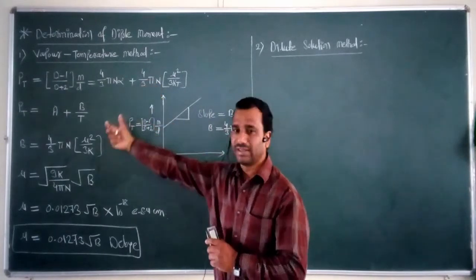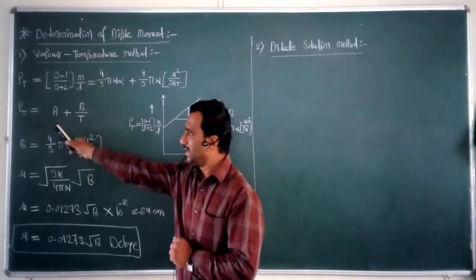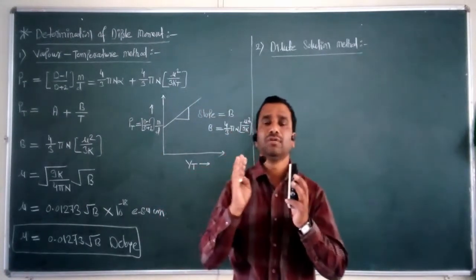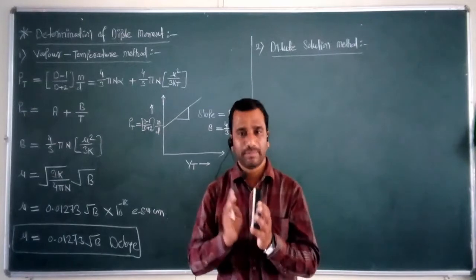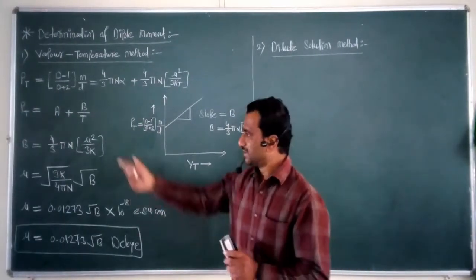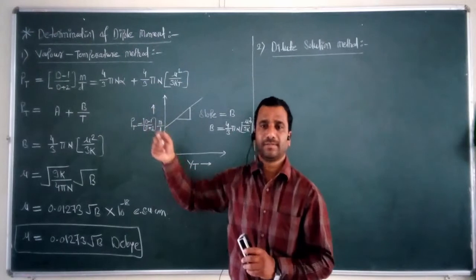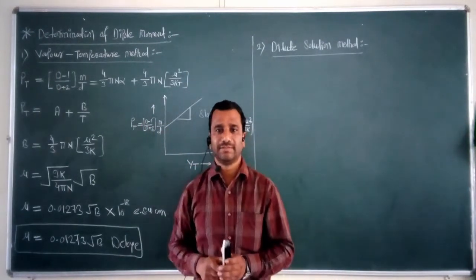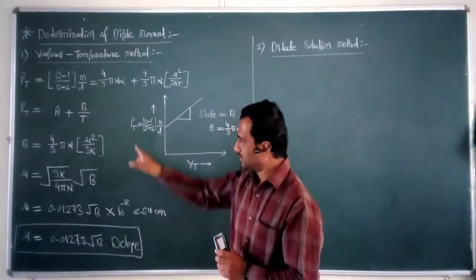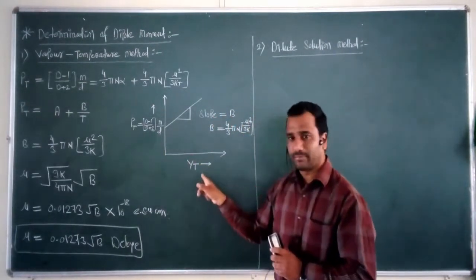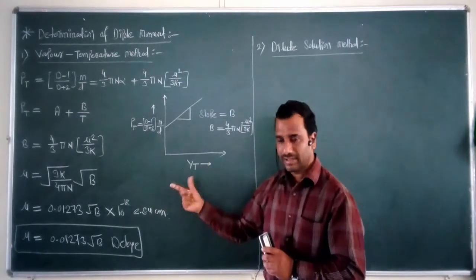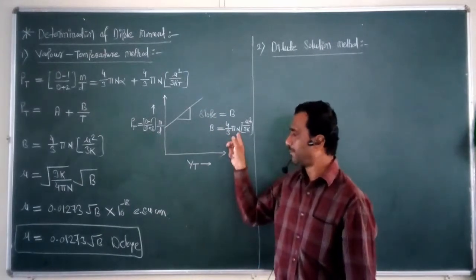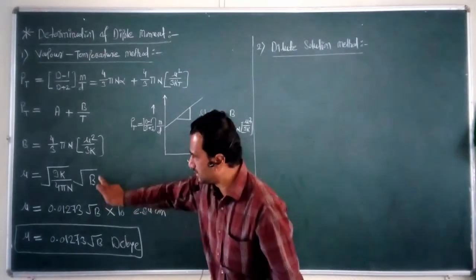This Debye equation can be written in simplified form as Pt is equal to A plus B divided by T. We study this liquid or vapor system at various temperatures, plot a graph of total molar polarization versus 1 upon T, and get a straight line with slope equal to B. This value of B is equal to 4 by 3 pi n mu square upon 3k.